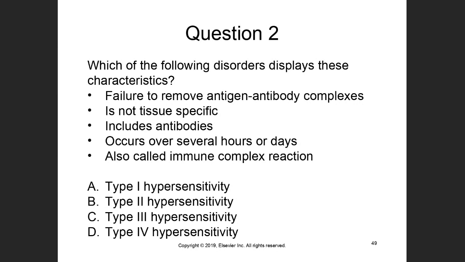You see right here, that's the key point that you have to know to answer this question, okay? So this question, the answer is this one, okay? Right here. It's a type 3. Type 3 is immune complex reaction. It's antigen-antibody, okay?